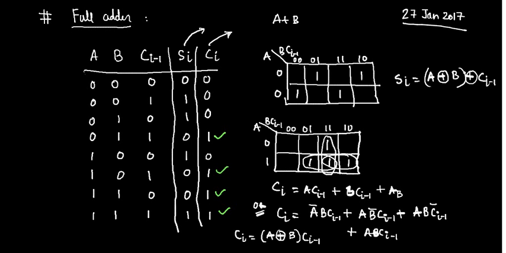Is that okay? And the other one, or AB. So it will be simply AB, because C into Ci minus 1 will go off.